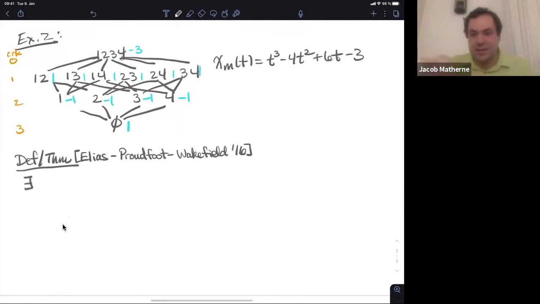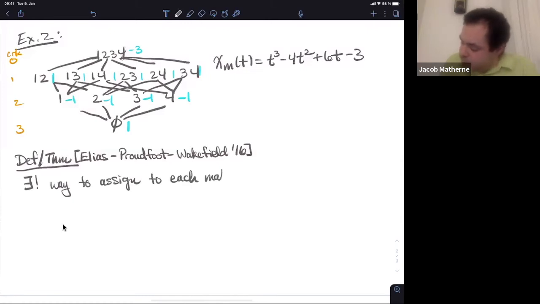So the existence of such polynomials is the theorem part, okay? So there exists a unique way to assign to each matroid a polynomial with integer coefficients.